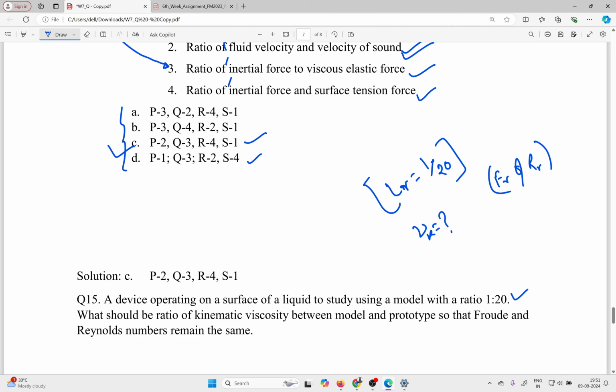Whatever we derive, the formula for the model is a kinematic viscosity relation with the LR, that is the ratio of model and prototype. We use these two things, Froude as well as Reynolds number. You can think a little bit how you will proceed, then I will show you the answer.